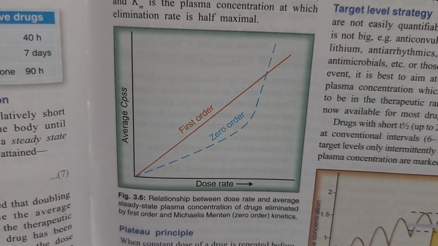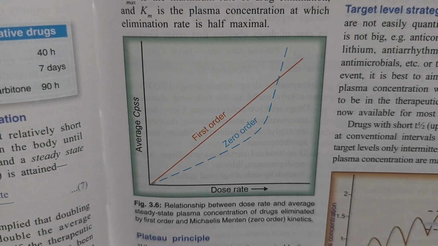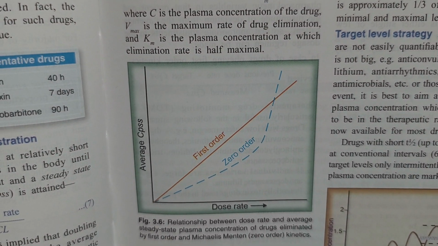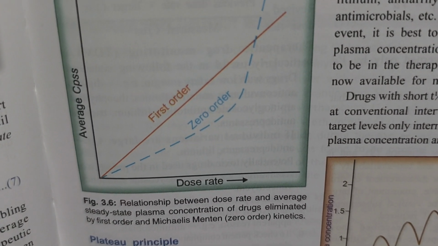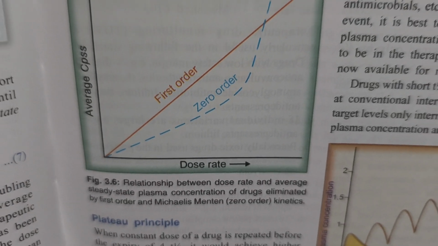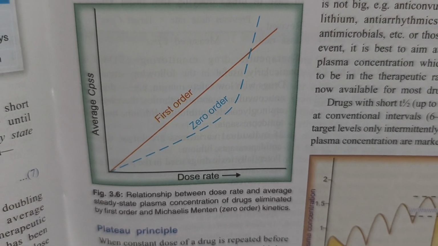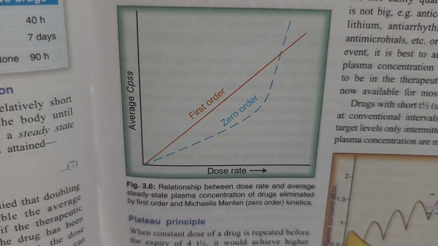So average Css versus dose rate: for first order elimination it is linear, and for zero order it is not linear. This is the relationship between dose rate and average steady state plasma concentration of a drug eliminated by first order and zero order kinetics.